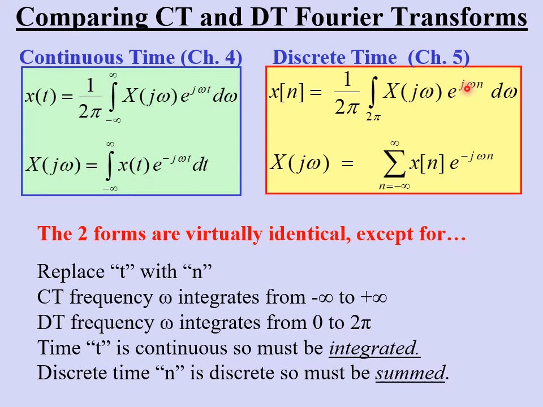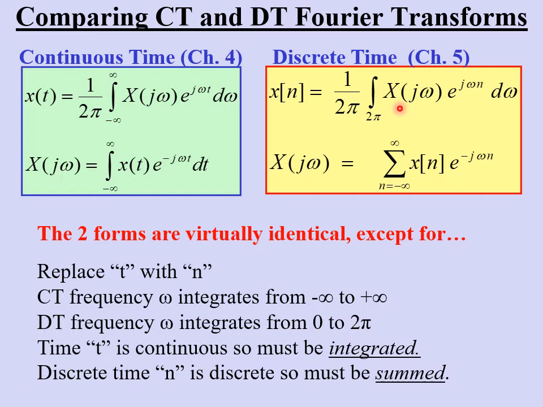The other thing is the continuous time frequency. In this integral here, we're integrating over all frequency, d omega, from negative infinity to positive infinity. Well, remember in discrete time, frequencies don't go from 0 to infinity.